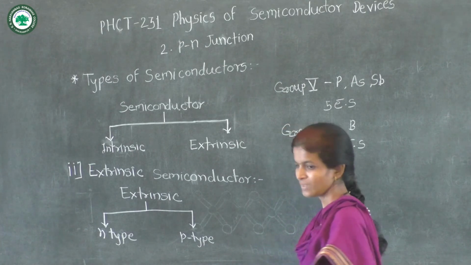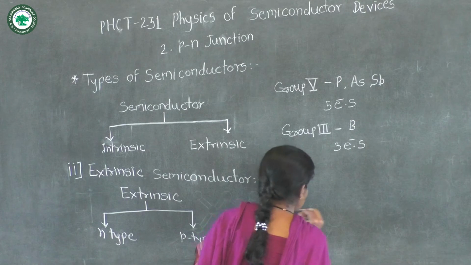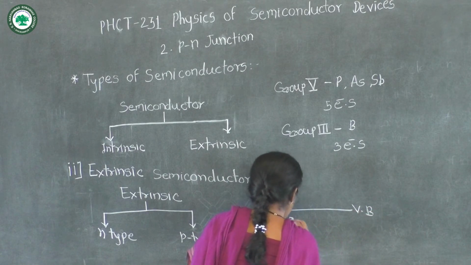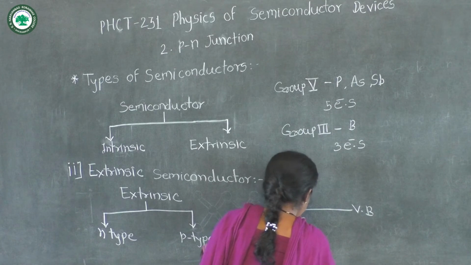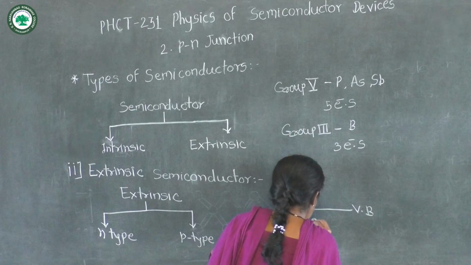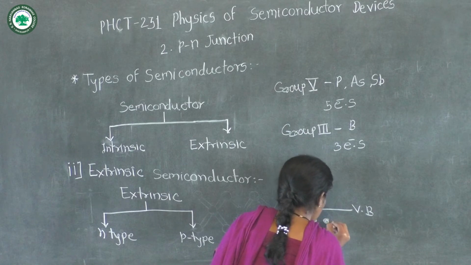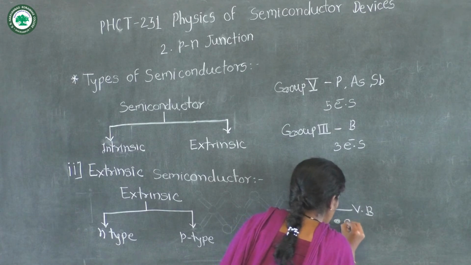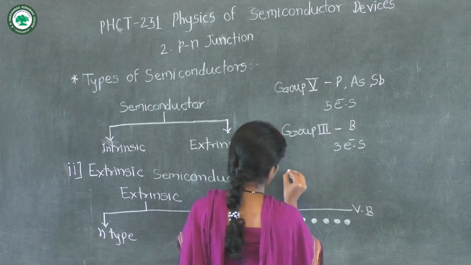So in case of n-type semiconductor, if this is the valence band edge, as one extra electron is introduced, it remains unbonded or loosely bonded with the pure semiconductor.